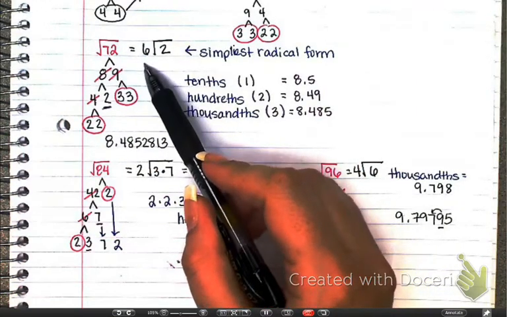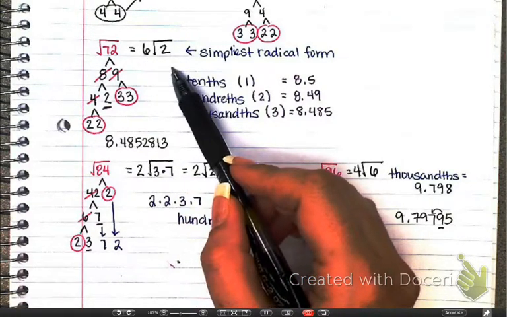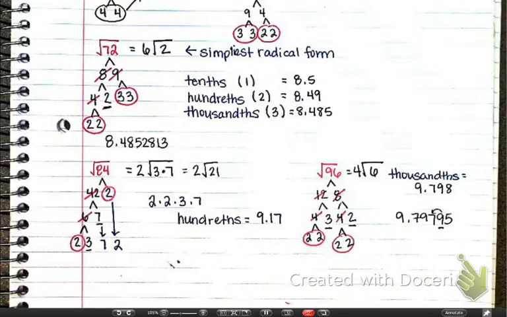On the outside. And what stays on the inside? The leftovers. What if I have multiple leftovers? What do I do with them? Multiply them. There we go. And why am I multiplying? Who remembers what I said on why we're actually multiplying when we put them back in the square root? We divided when we broke it down, and the inverse of division is multiplication. So to put it back in, we're going to multiply.